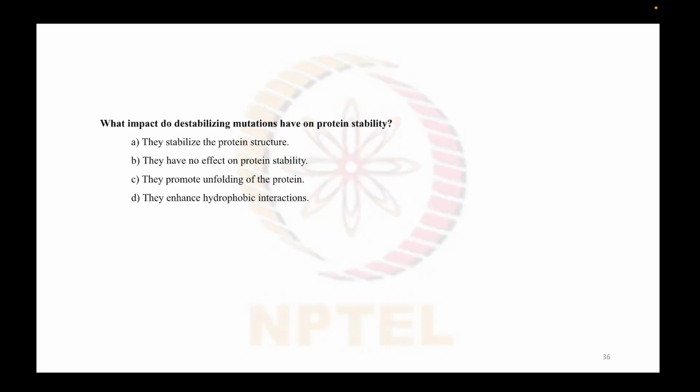Whether these mutations stabilize the protein structure, have no effect on protein stability, promote unfolding of the protein, or they enhance hydrophobic interactions. Yeah, they promote unfolding of the protein.